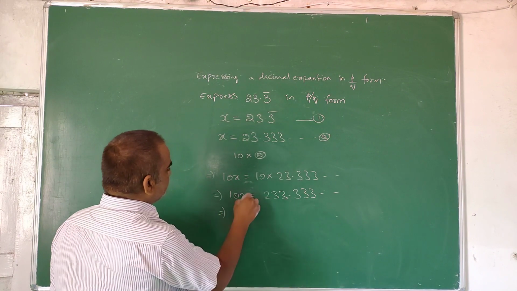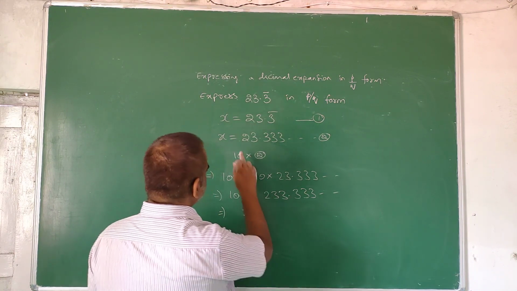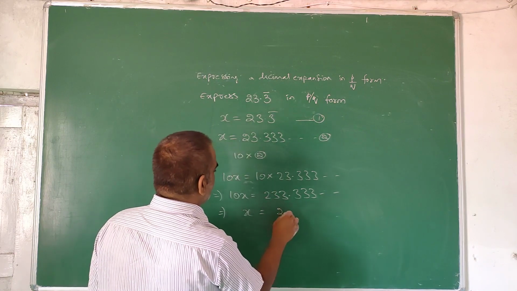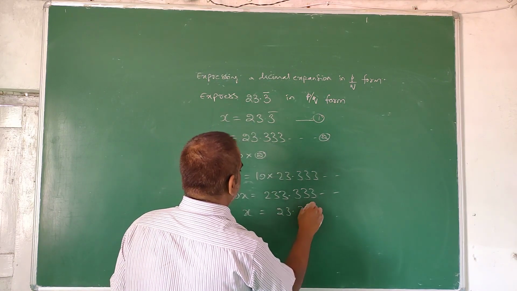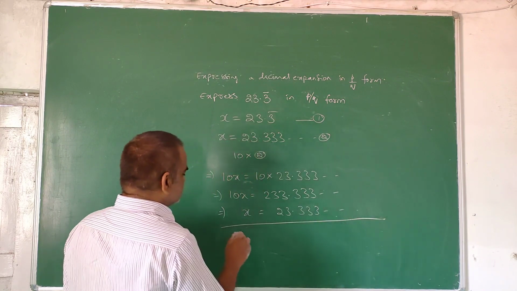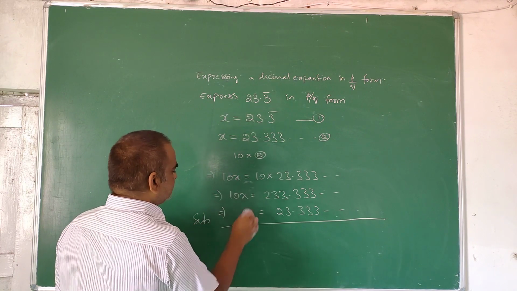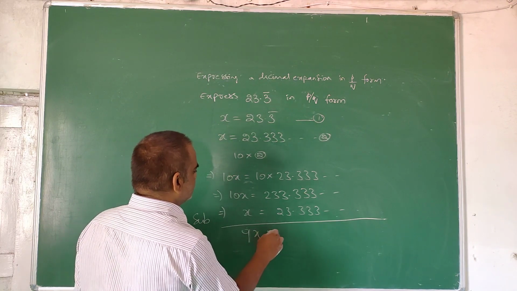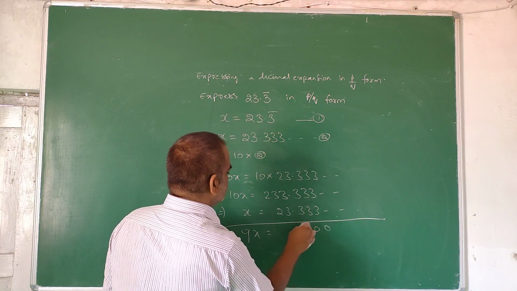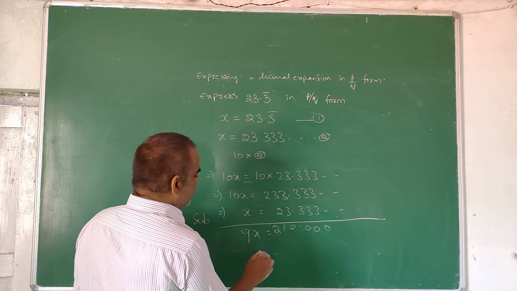Now just below 10x, you write x is equal to 23.333 and so on. Now you go for subtraction.